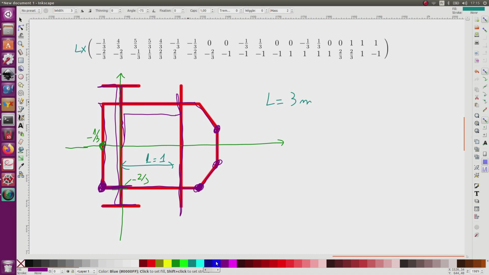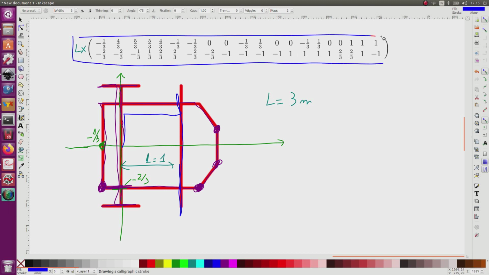Now from this matrix I have to transform into homogeneous coordinates. So for this I have this matrix, and from this matrix, so this is a big matrix, I will add a line of 1 everywhere.